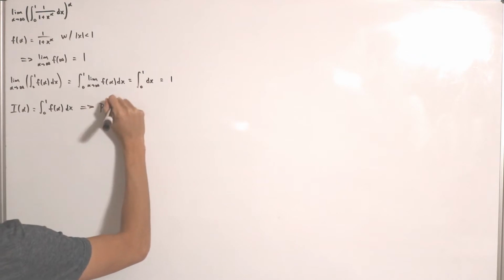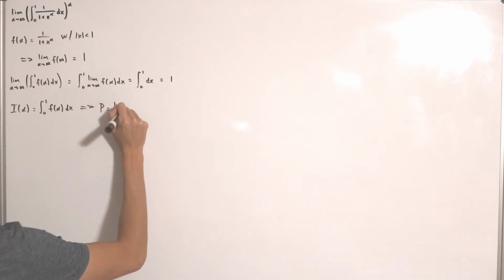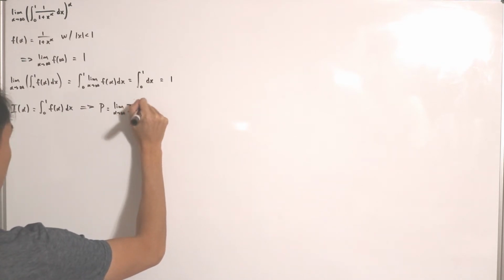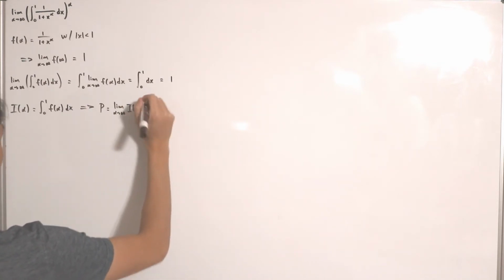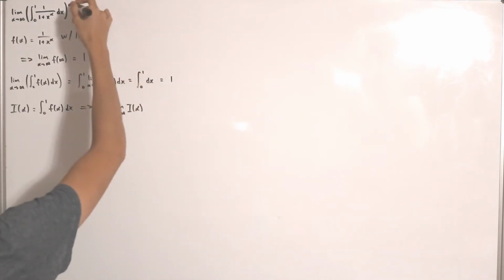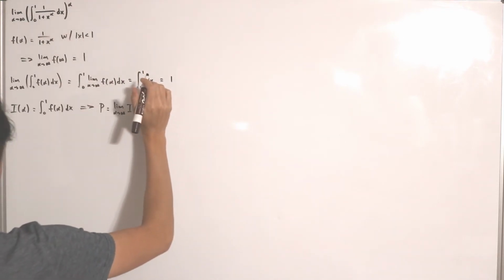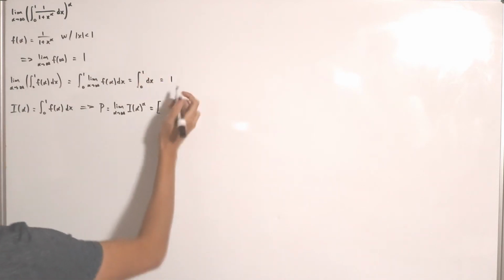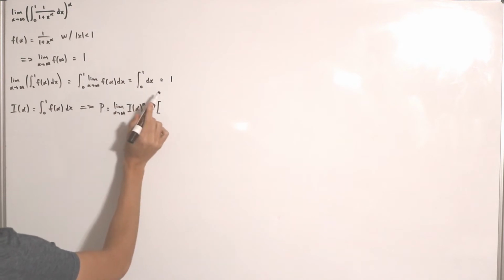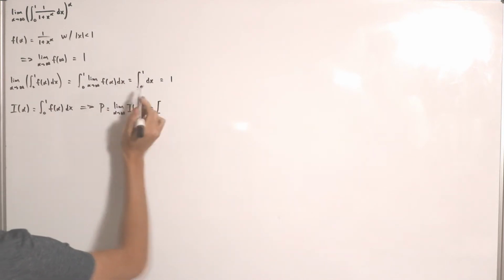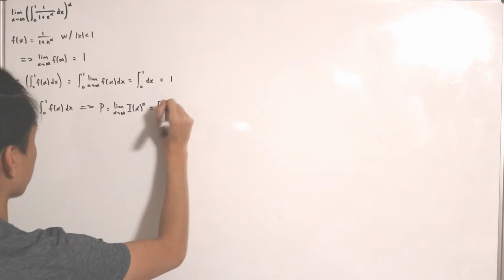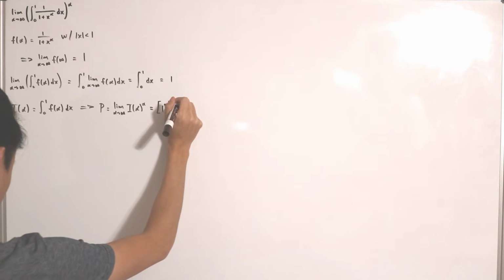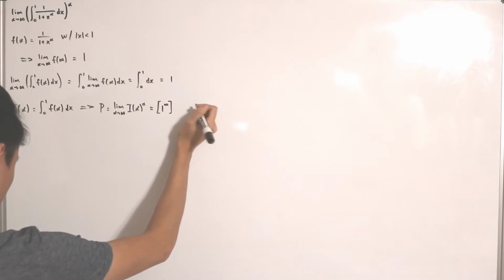P is equal to the limit as alpha approaches infinity of I of alpha, and then don't forget it's also with the power alpha from our given before. So this would mean that, where we set I of alpha equal to this integral, which was equal to 1, and then as it tends to infinity, this is just simply 1 to the power infinity, which is just equal to 1.